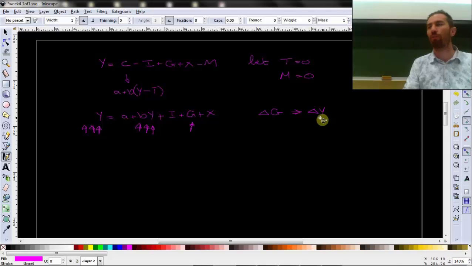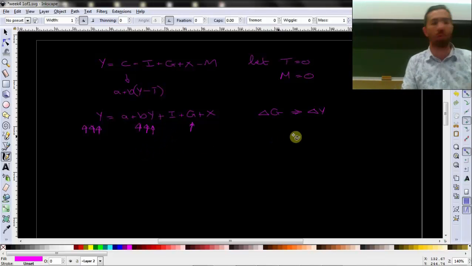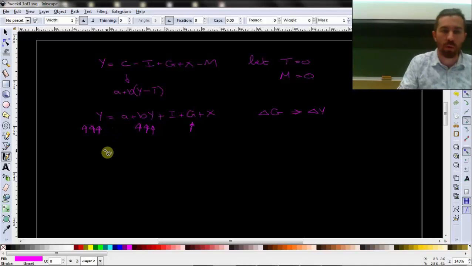So how do we solve for Y? We've got an equation where the variable Y is on both sides of the equation. How do we solve this equation for Y? Well, we need to get Y on one side. Rearrange.